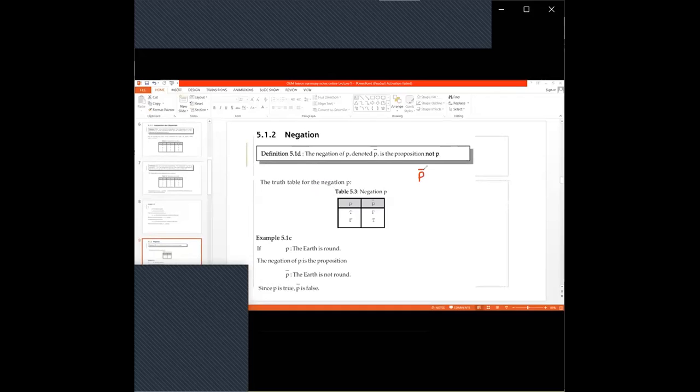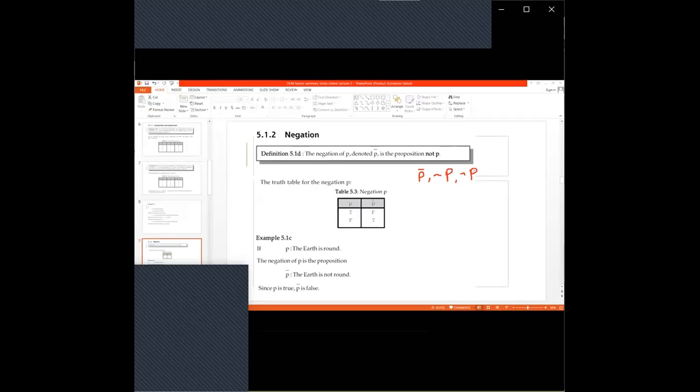When we went through sets, you saw this over there. In propositional logic, we have it this way, or we can have the negation of P this way. Either way, we are still saying the same thing, which is the negation of the statement P.